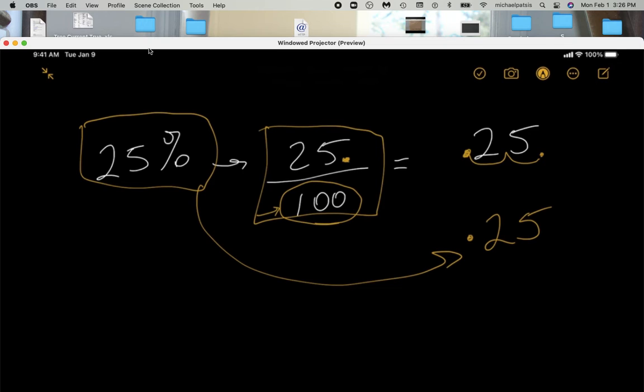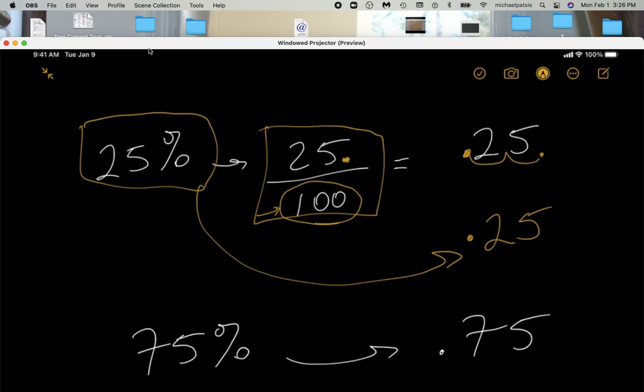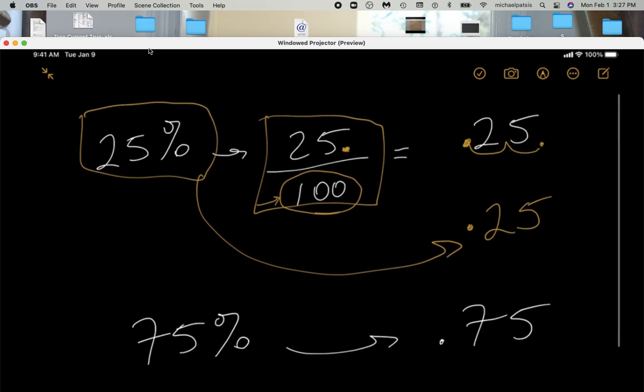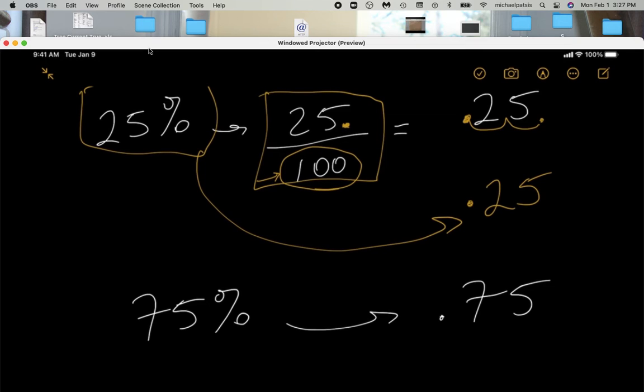Okay, so far we have done 75% and 25%. And what did we notice? We noticed that 75% became 0.75. And the 25% became 0.25. So after you do enough of these, you realize that if you want, you can go directly from the percent sign to the decimal without having to stop and do the fraction by dividing by 100.